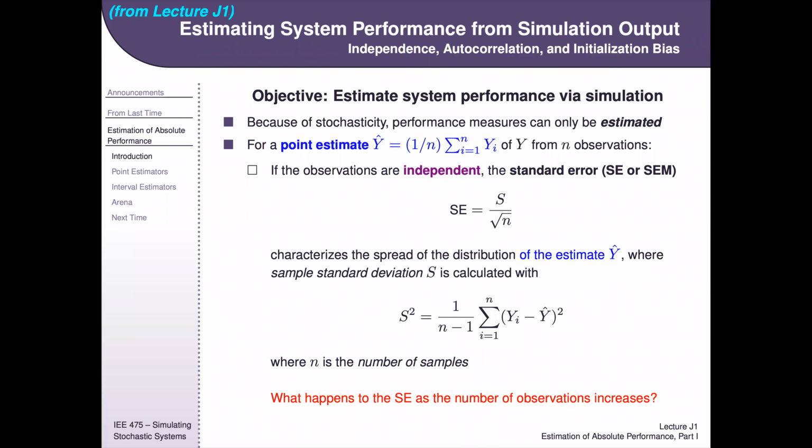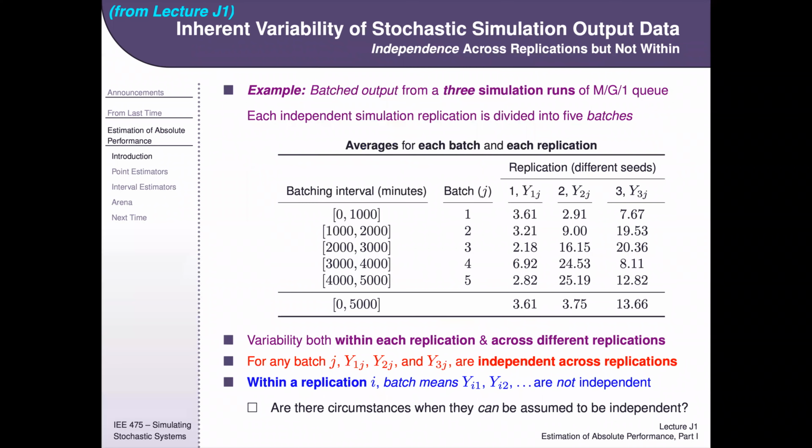If I do have independent data points that I'm averaging here, then I am allowed to generate a standard error of the mean. In other words, across-replication data are independent, so I can not only average these together, but I can also estimate the standard error of the point estimator.